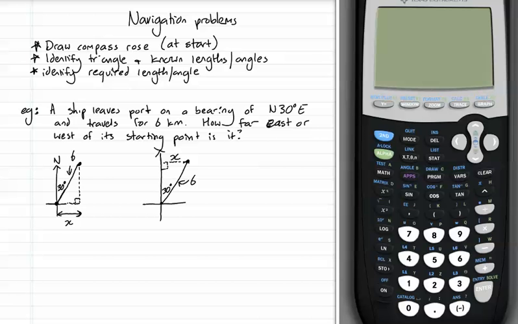Now, when we're navigating, it's really important to look for alternate angles, and remember that all our north-south lines are parallel and all our east-west lines are parallel.